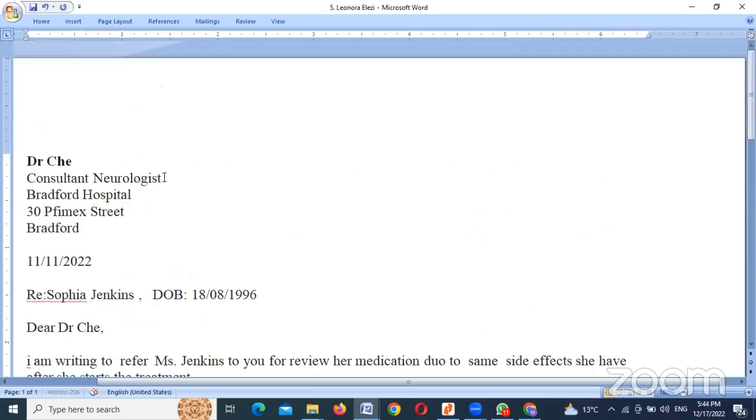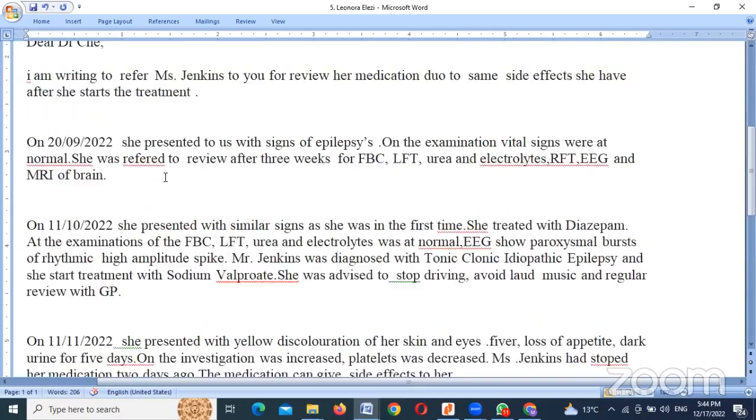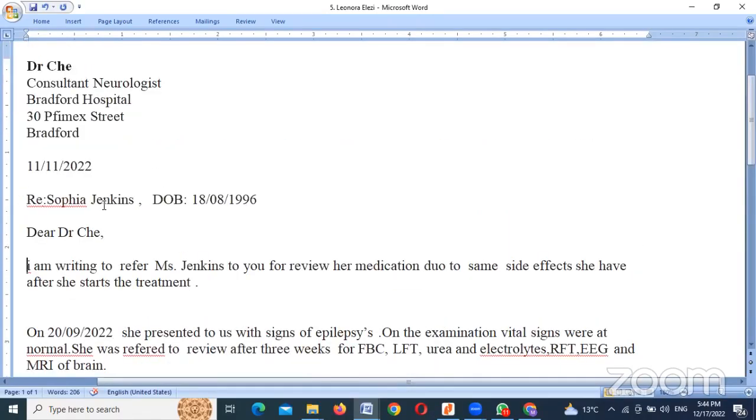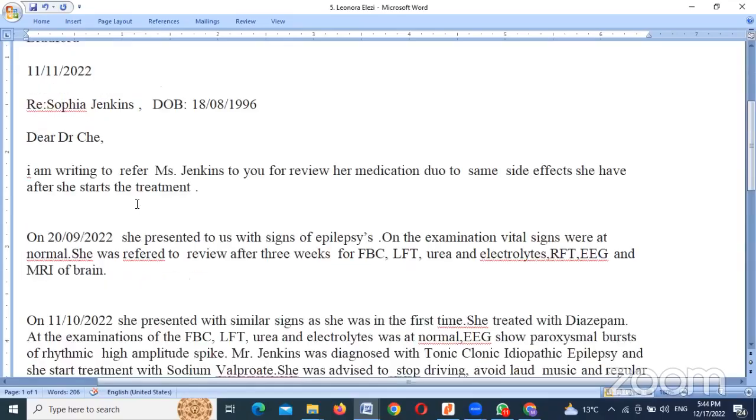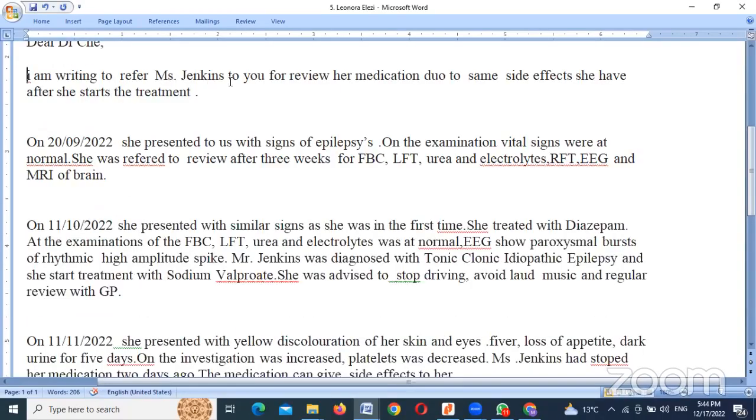Here, on a separate line. Here we need Miss Sophia Jenkins. I'm ready to refer Miss Jenkins to you for review of her medication due to some side effects she has after she starts the treatment.